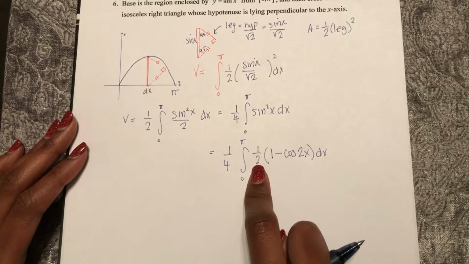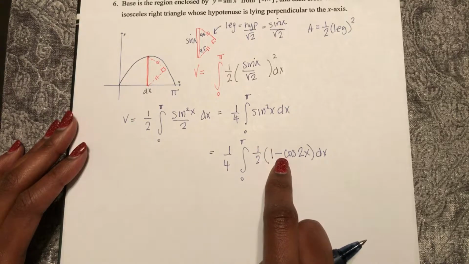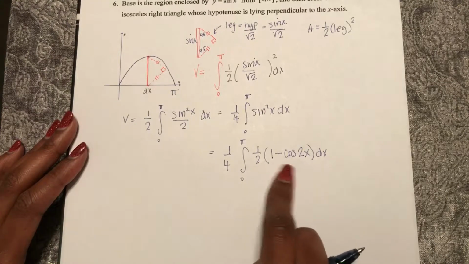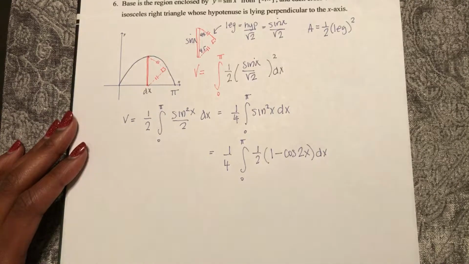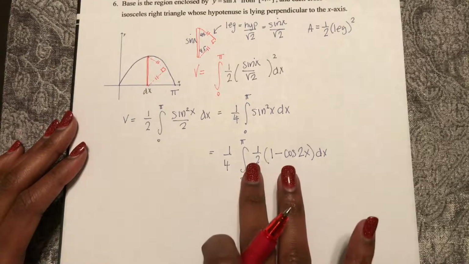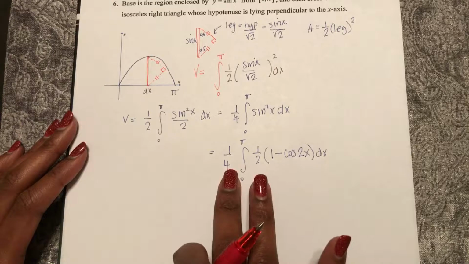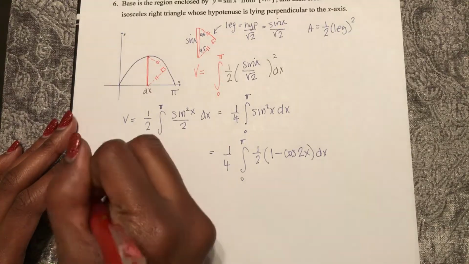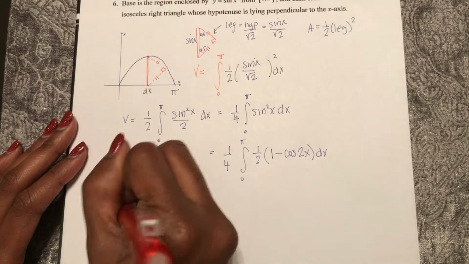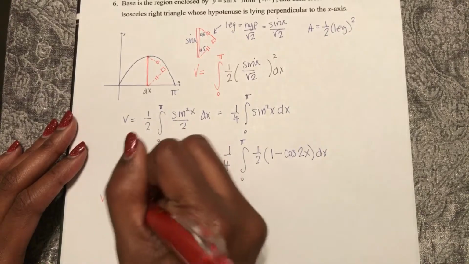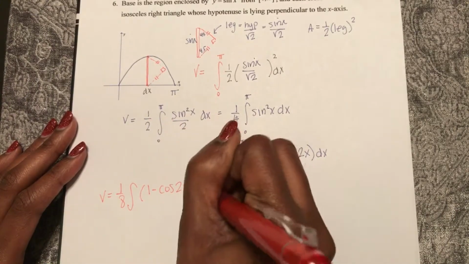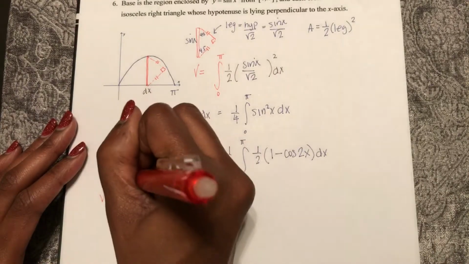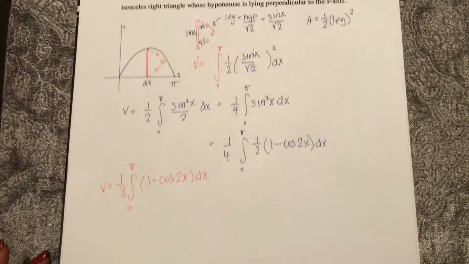Cosine squared is 1/2 times 1 plus cosine 2x. So this will come in handy whenever you're integrating sine squared or cosine squared. So now that I've applied this trig identity, I'm going to pull out this 1/2 in front. So now I have volume equals 1/8 integral of 1 minus cosine 2x dx from 0 to pi.